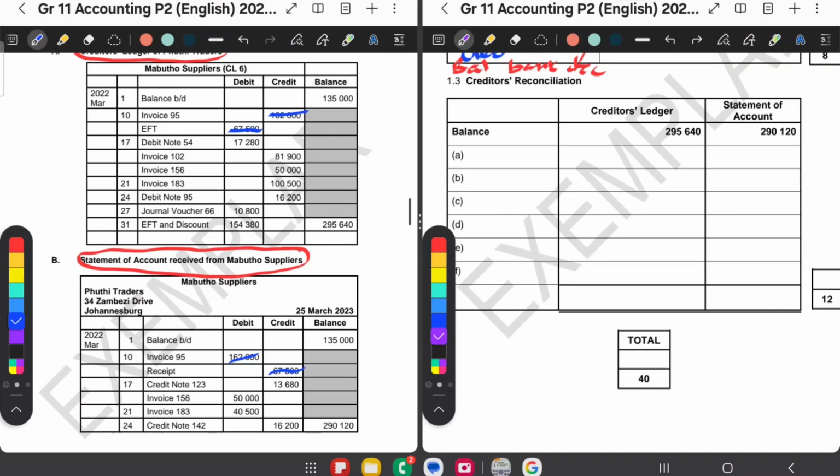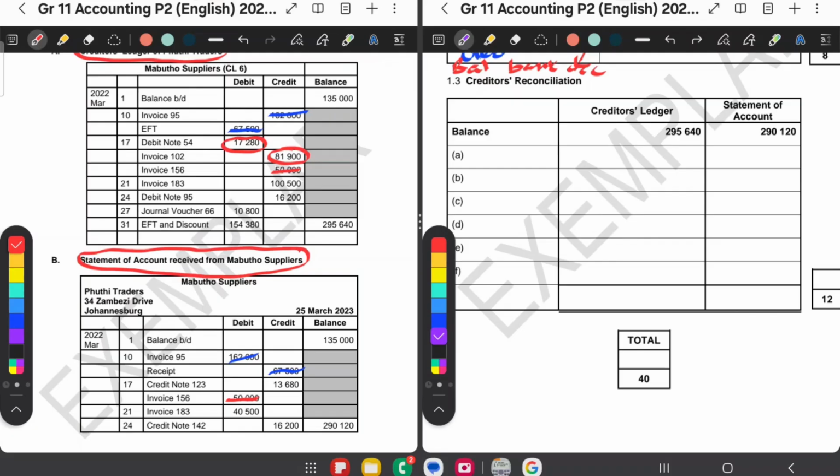Then, let's see, 17,220. I'm going to circle that because I don't see it on the statement. Then 81,900, I don't see anywhere there, so circle. 50,000 is here on the credit side, and 50,000 here is on the debit side. Cancel, that's okay.